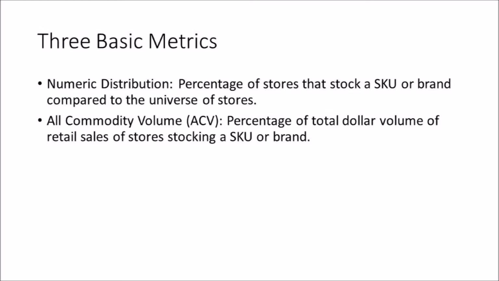Now, instead of simply counting the number of outlets that stock a product as a percentage of the universe, it weights the stocking outlets by the total percentage of all sales that are made by the stocking outlets.